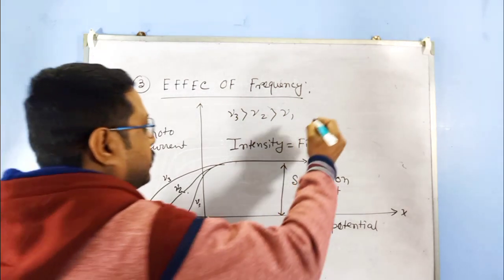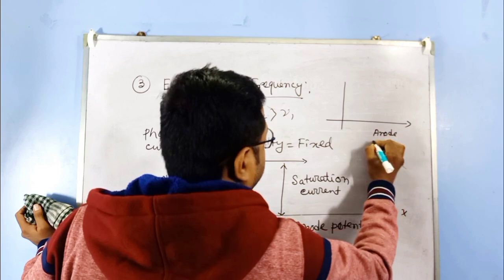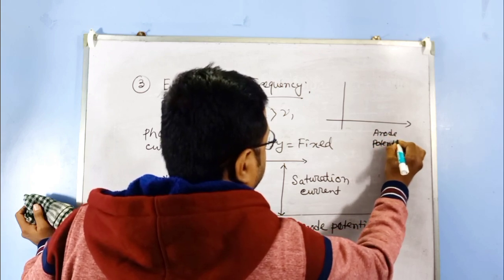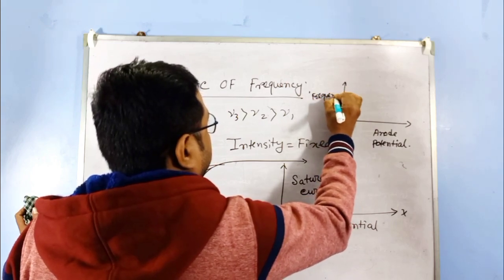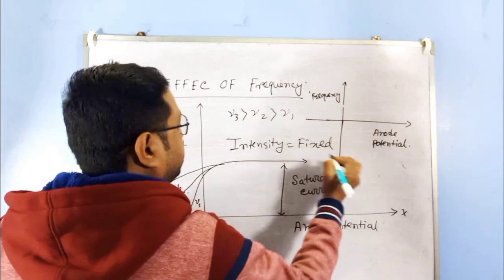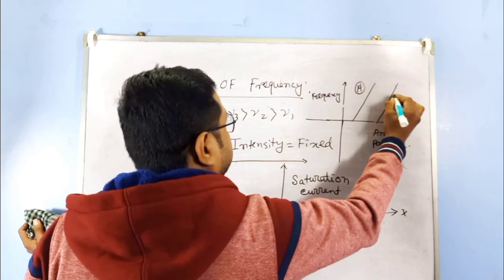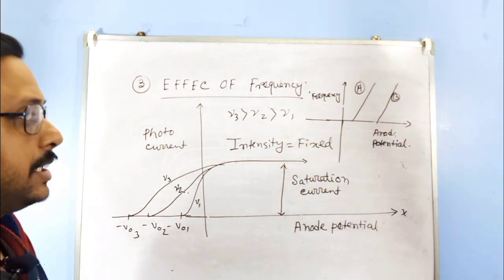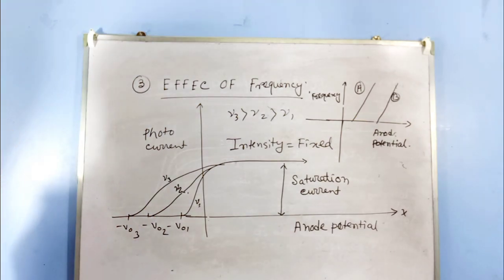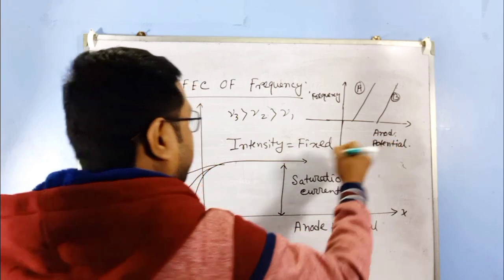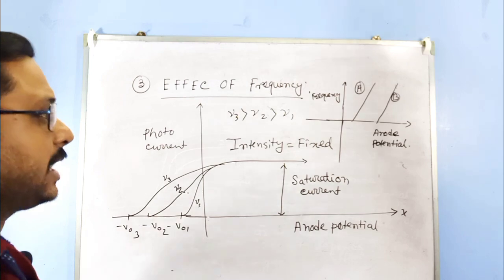And also, if we draw a graph between anode potential and frequency for two different metals, metal A and metal B, we say that frequency and anode potential are linearly related.